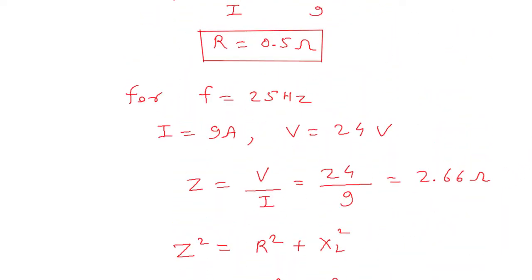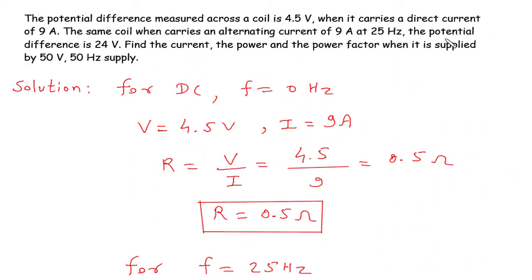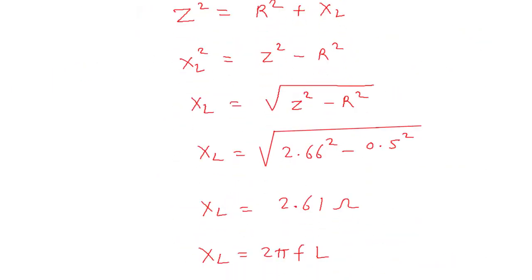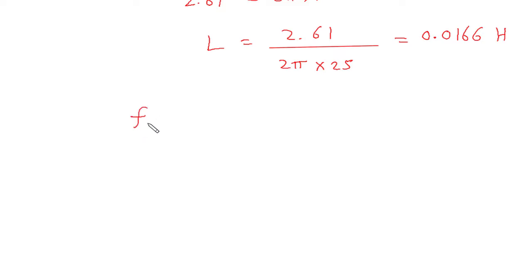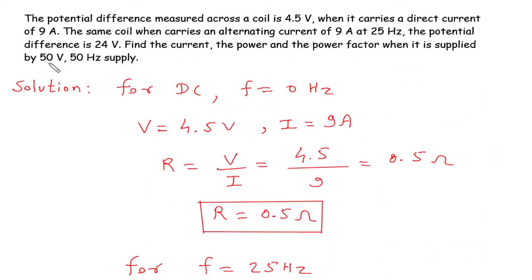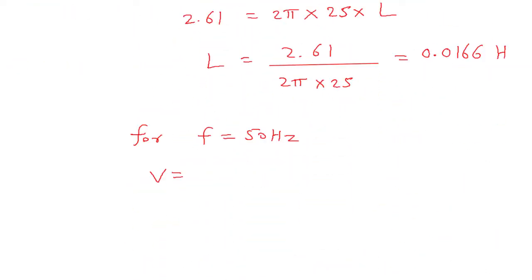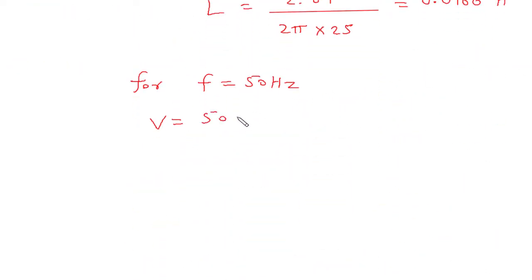Now we have to find for 50 volt, 50 Hz. So f is equal to 50 Hz, V is equal to the given 50 volt.